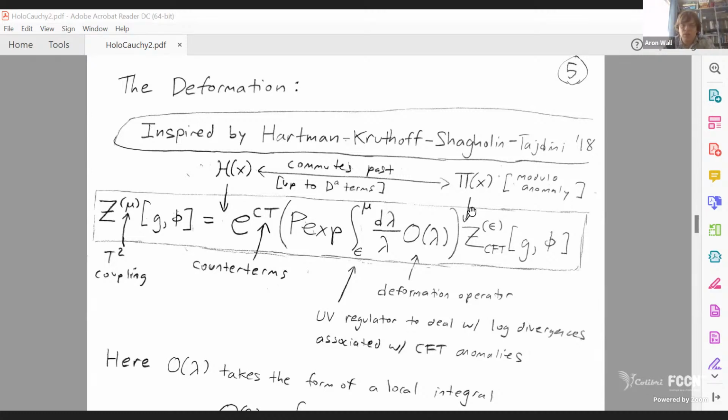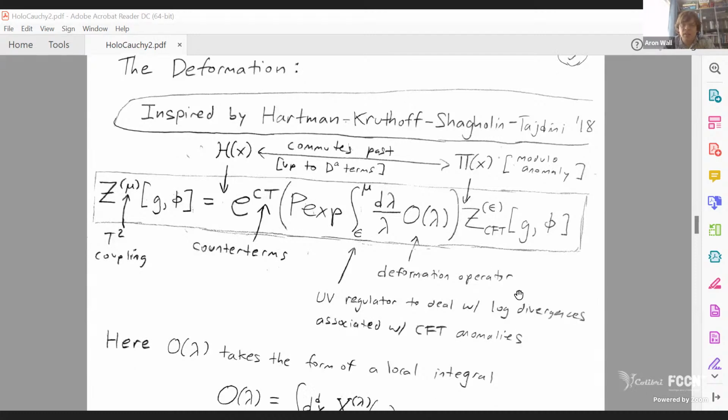Now, what you do is you deform by doing a path-ordered exponential of some deformation operator. This epsilon here is only to cover the case where there's log divergences due to an anomaly. So for the moment, let's just pretend that epsilon is 0. So what you do is you integrate this deformation from 0 to whatever your value of mu is.